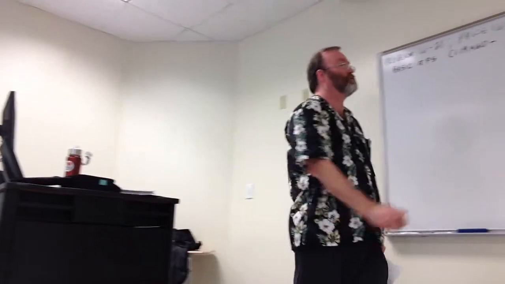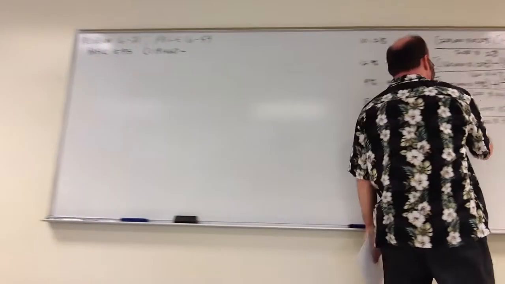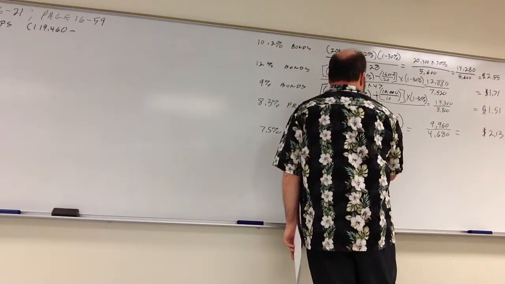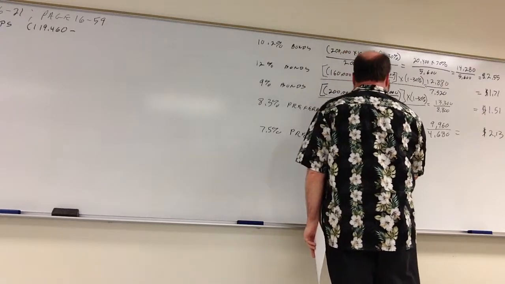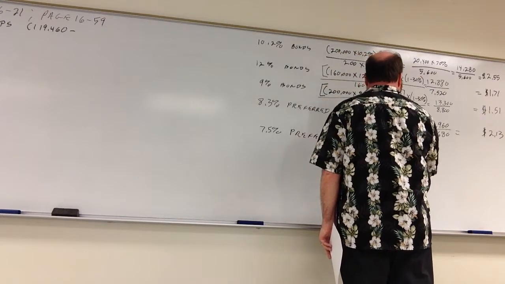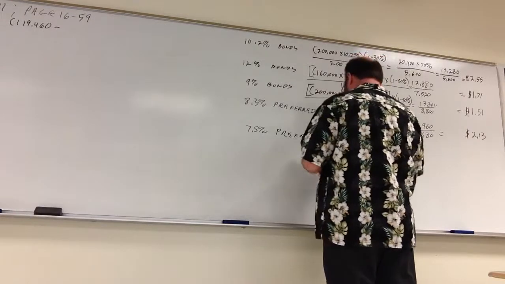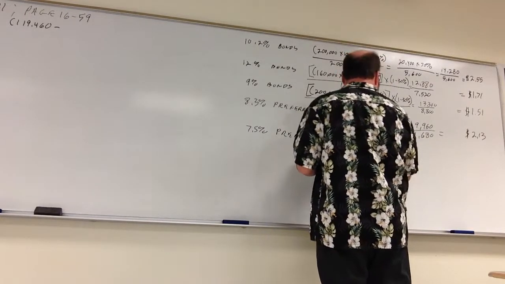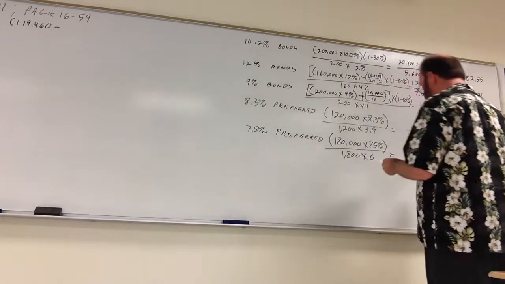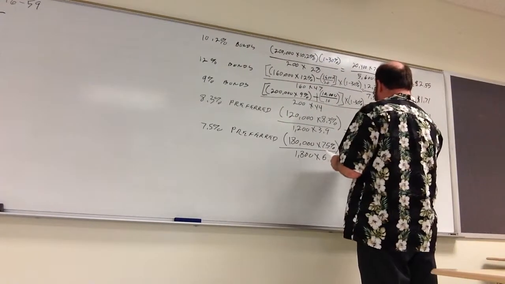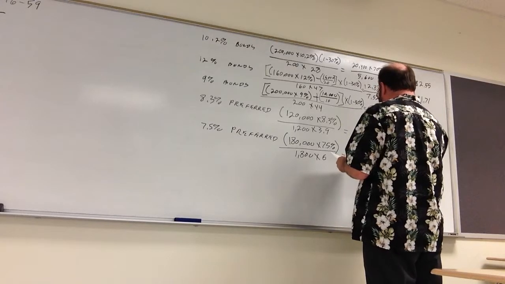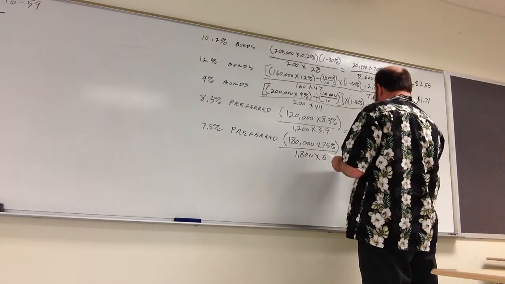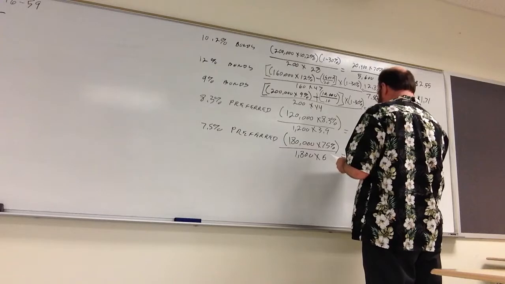Each $100 par preferred stock is convertible into 6 shares. So 180,000 times 7.5%. There's 1,800 of these and 6 shares of common stock each. That's 13,500 divided by 10,800.